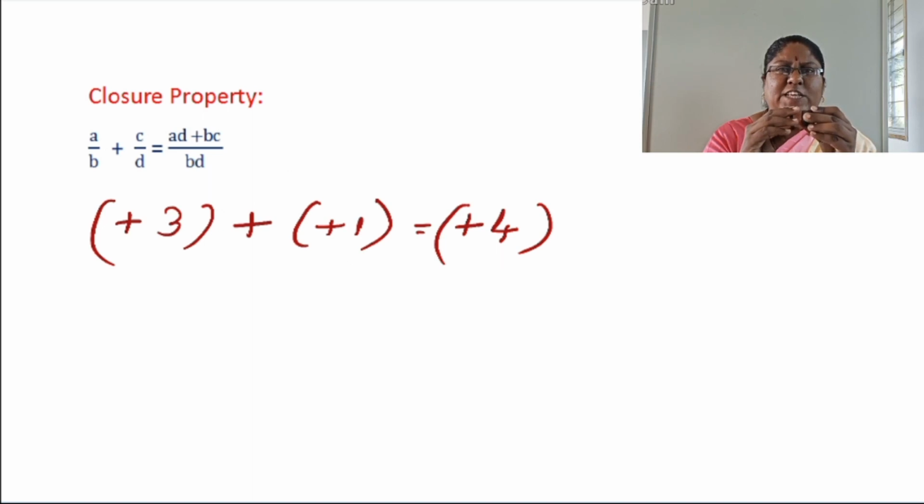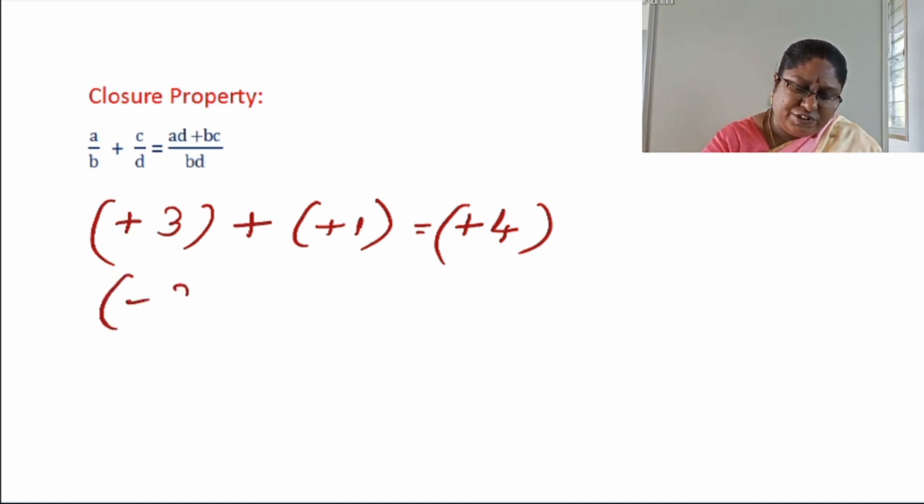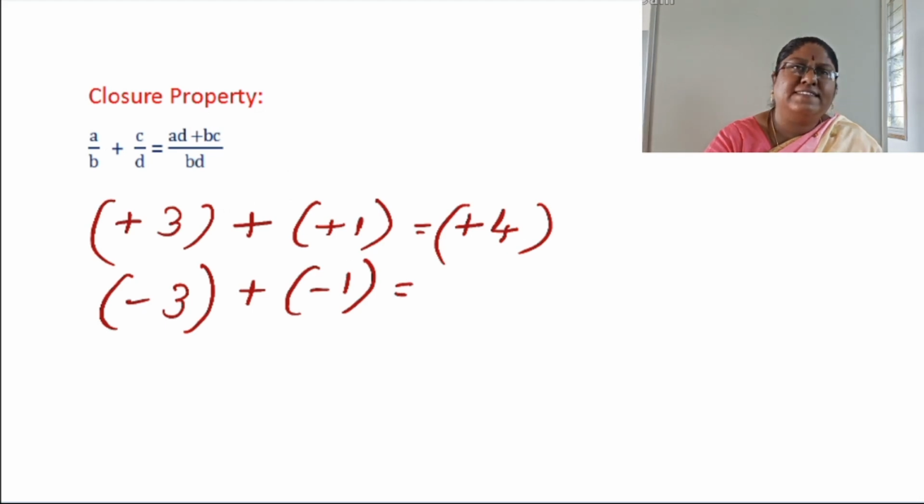So minus 3 plus minus 1, what's the result? Can you guess it? Write it: minus 3 addition minus 1. What's the answer? Minus 4. That is 4 black coins.